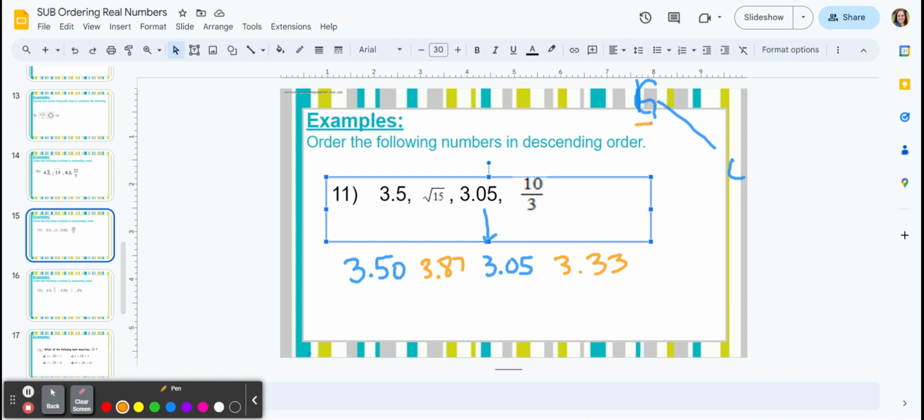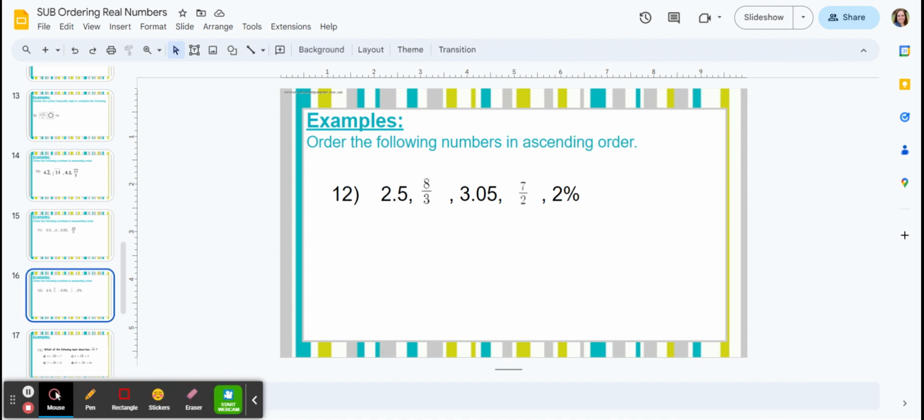So greatest number was 3.5. Oh, excuse me. Erase that. All right, then the biggest is, right, we're comparing all of the decimal points, 87. So square root of 15 is first, then 3.5, then 3.3 repeating, so that would be 10 thirds, and then the last one, 3.05, which was how it was written.